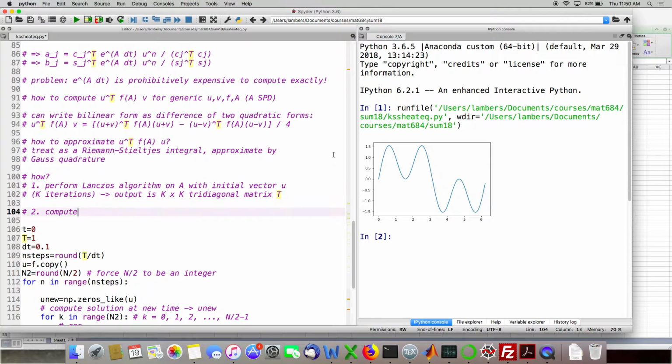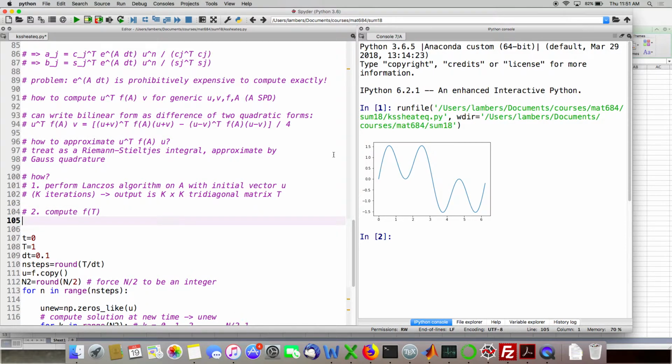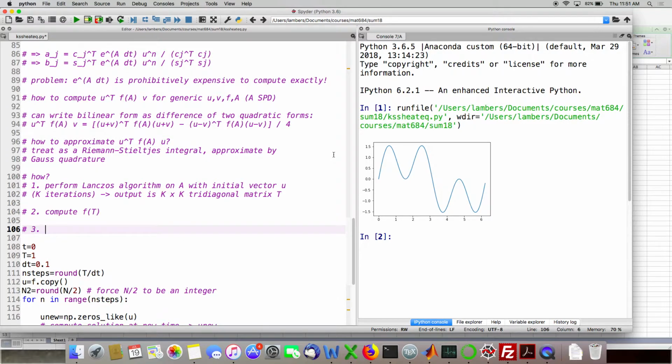So instead of computing f of A, which is too expensive, we'll compute f of T. In our case, that would be the exponential. I'll show you how we can do that momentarily. And then our approximation is equal to U transpose U times our matrix f of T, and we take the 1, 1 entry of it. And that's it. That's your approximation.